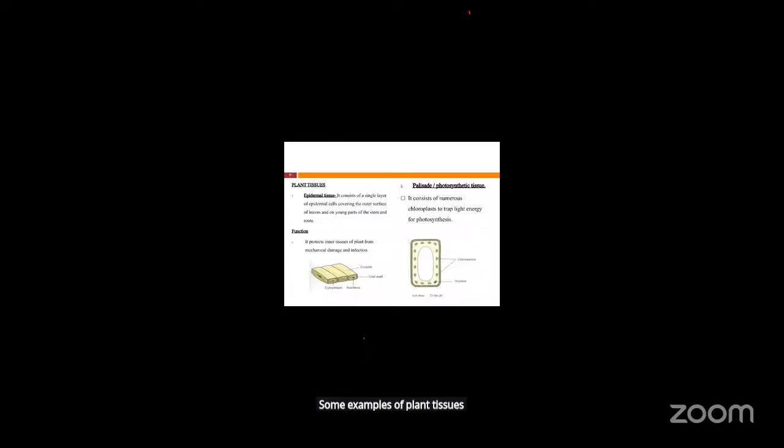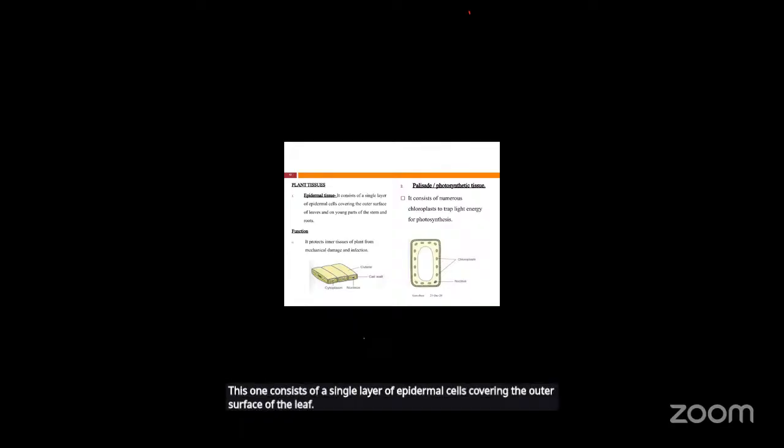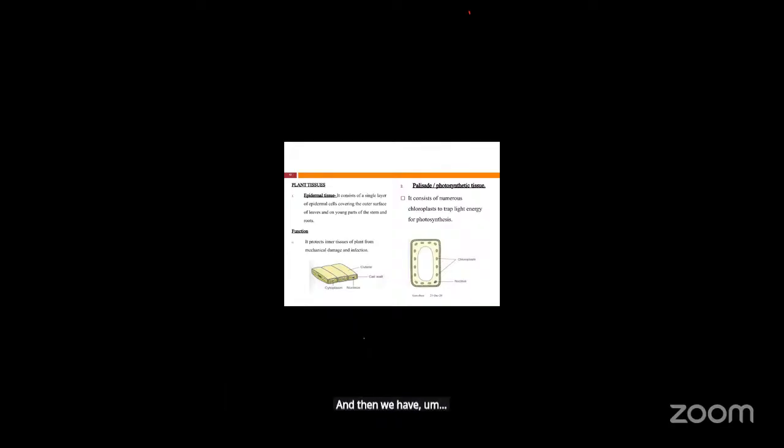We have examples of plant tissues, that is epidermal tissues. This one consists of a single layer of epidermal cells covering the outer surface of the leaf. And then we have palisade tissue.